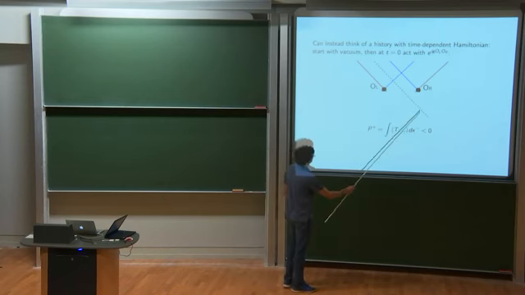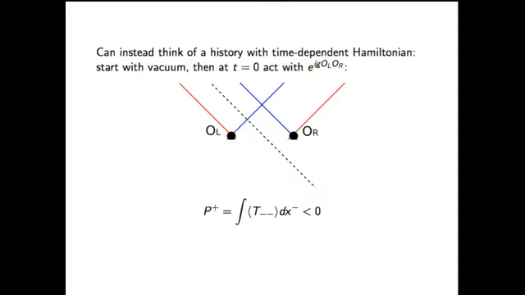We start with the vacuum state evolving with the normal Hamiltonian, and then at time t equals 0, we interrupt the evolution of the system by acting with this operator e to the ig O left times O right. That's like adding a time-dependent term to the Hamiltonian, which turns on at t equals 0. And then after that point, we let it evolve with its own normal Hamiltonian. So after that point, we have the same as in the state psi. And before that point, we have the same as in the vacuum.